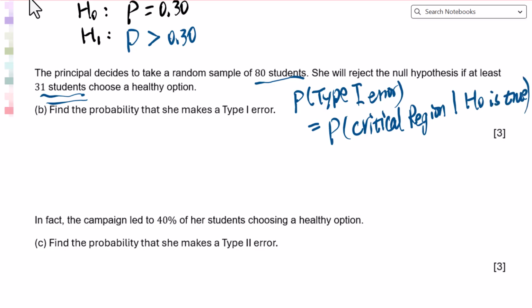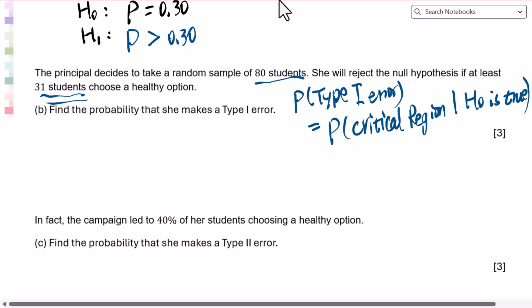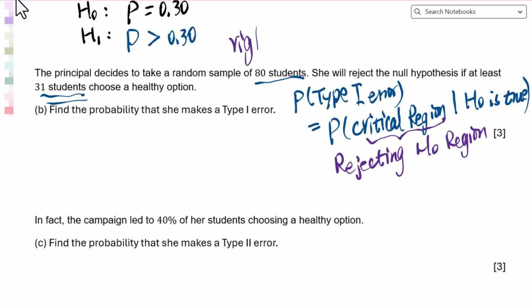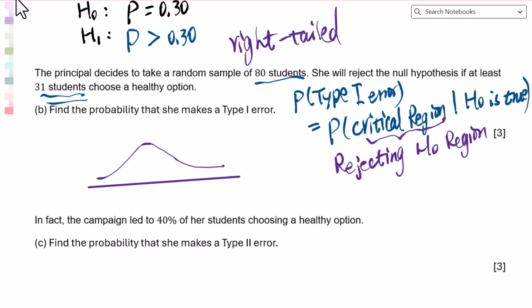So first of all, we need to figure out the critical region, also called the rejecting H0 region. Based on the given information, let's draw the diagram. From this H1, we know this is a right-tailed test. This is a binomial test.